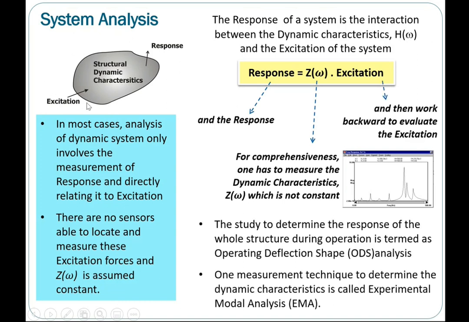If you look at these input and output relationships, you have the excitation input onto a system, and then you have the output. So, in, out, and this is your system.